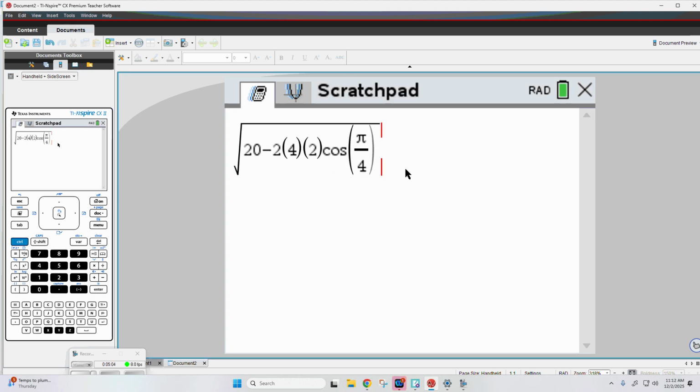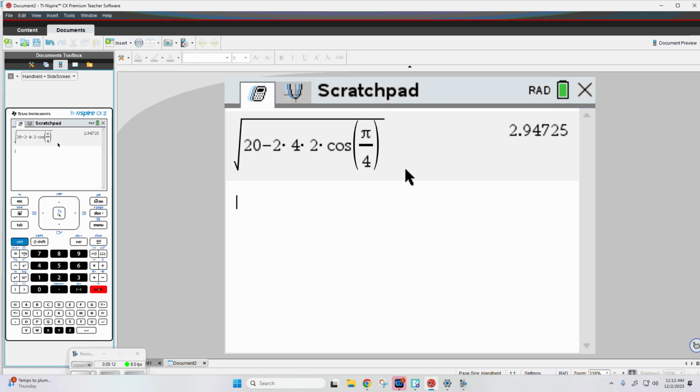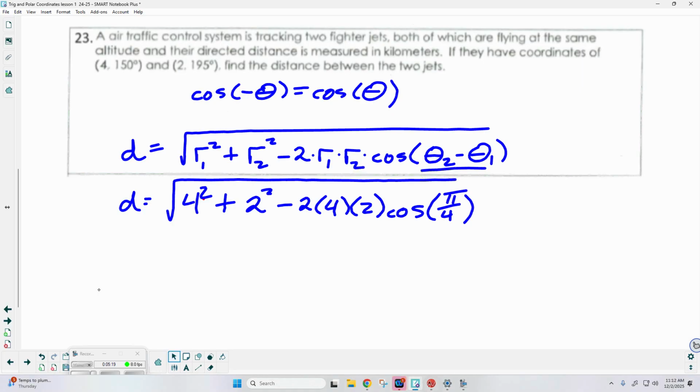You can simplify more of it if you want to, or just type it in exactly as you have it on your paper. That doesn't make any difference. When I push enter, it looks like we have 2.95 kilometers between the two jets.